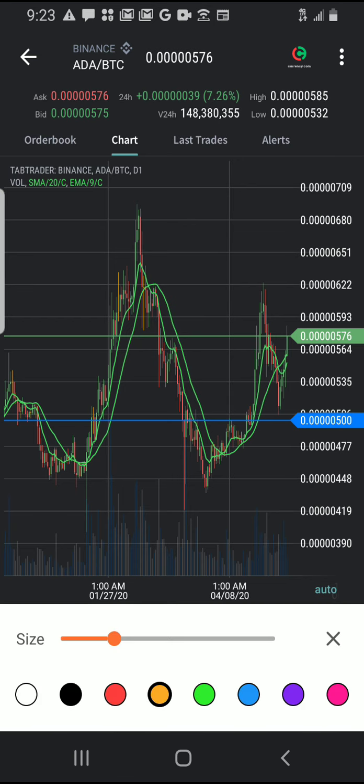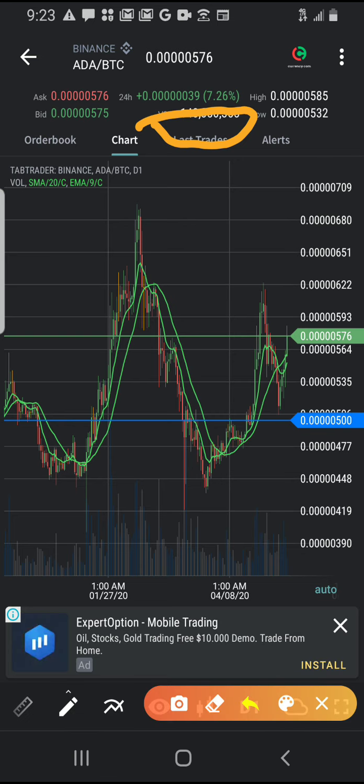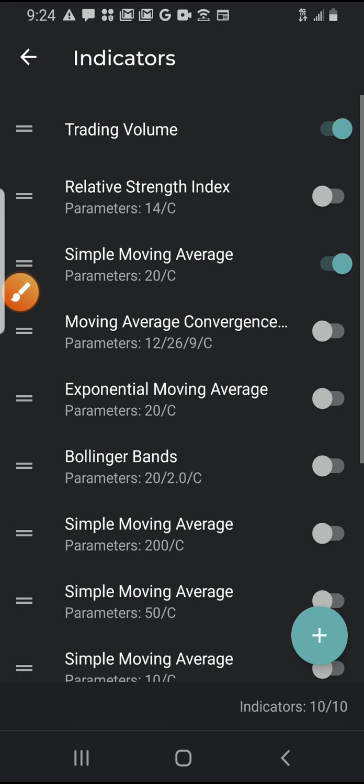This is where the volume is. 24-hour volume. That is the place. So you constantly need to always monitor here. Once it starts going up, you know that the price of the coin is about going up because demand is now much. That's volume, and you also need to add it here from here.